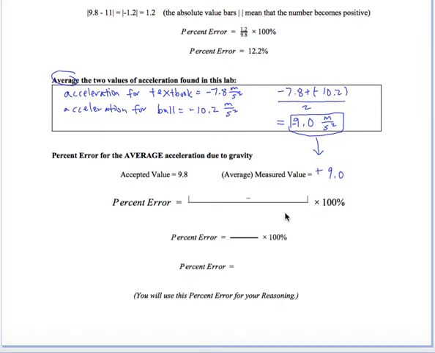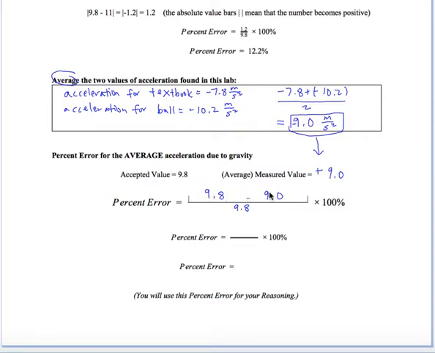To find percent error, we find the difference in the accepted value and the measured value. So we do 9.8 minus 9.0, and then we divide it by the accepted value, 9.8. Then we multiply by 100%.